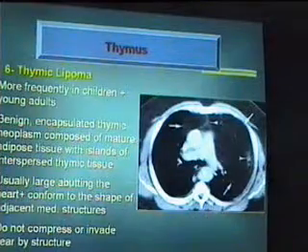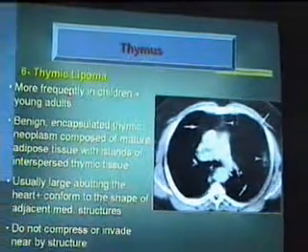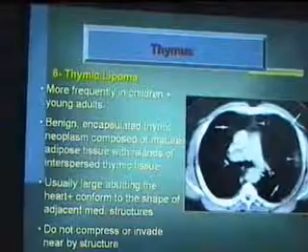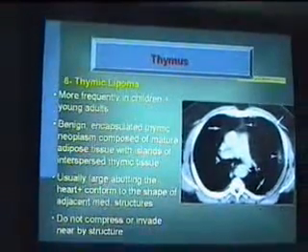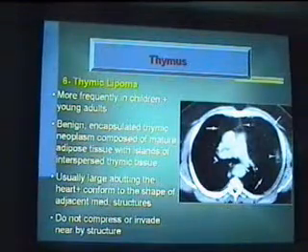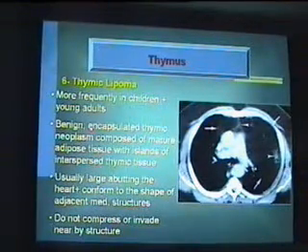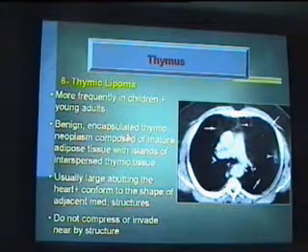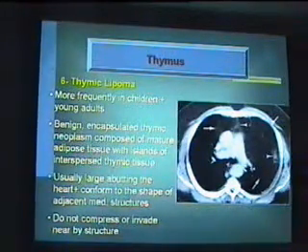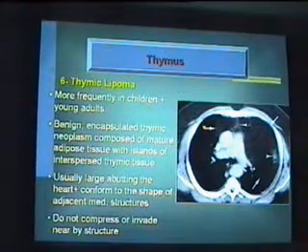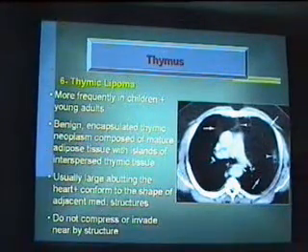يبقى تعالوا نشوف السلايد بتقول إيه. This thymic lipoma is more frequent in children and young adults. Why? Because we still have a thymic tissue that may be invaded with other tissues, whether malignant or benign. It is a benign encapsulated thymic neoplasm composed of mature adipose tissue with islands of interspersed thymic tissue. يعني بين these lipomas هنلاقي thymic tissue.